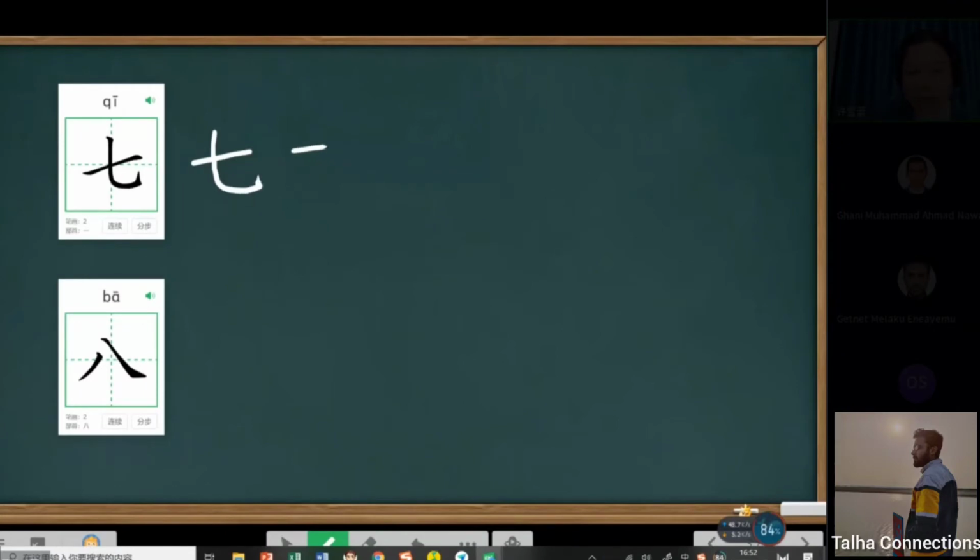Again, a curve and a hook. It consists of two strokes. The first one is this one, and the second. Oh, doesn't look good.